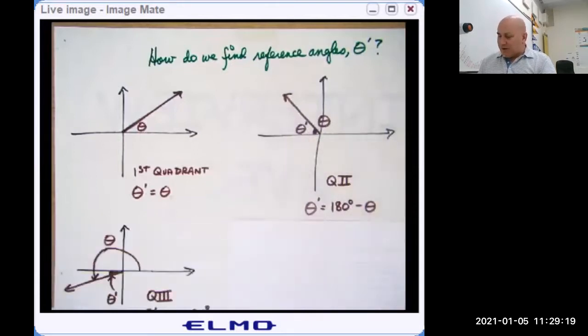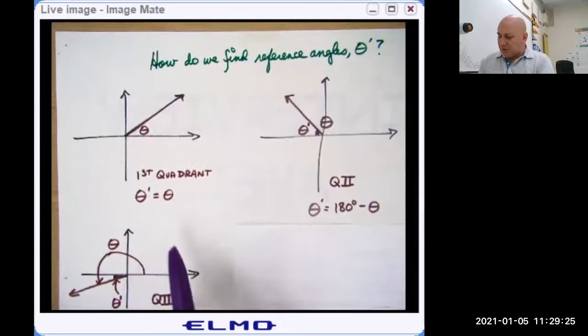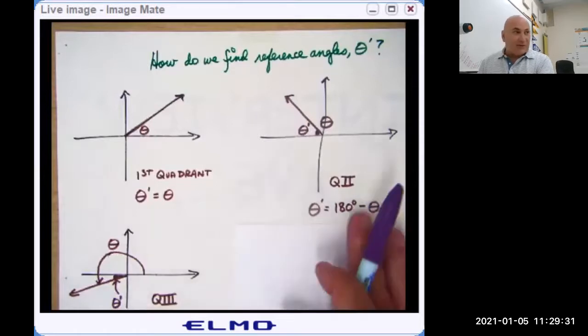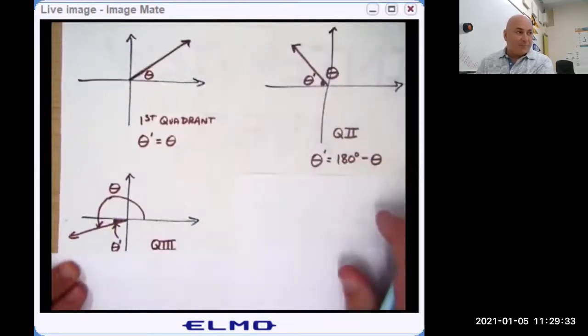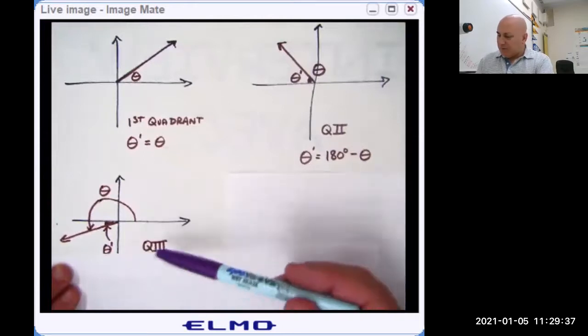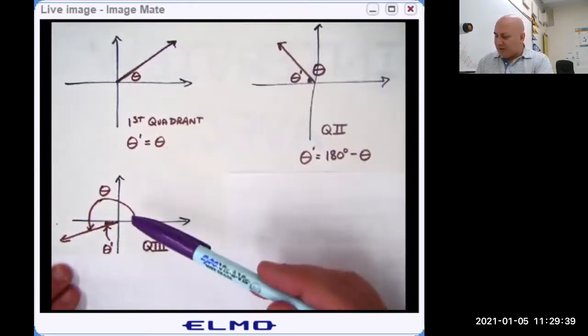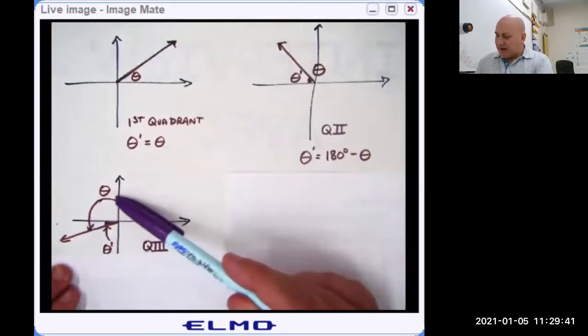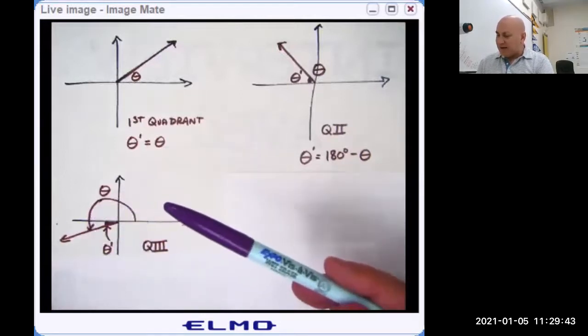How are we going to do it in the third quadrant? So here's theta, and this shaded in area is theta prime, the reference angle. Theta prime is the entire theta minus 180 degrees.